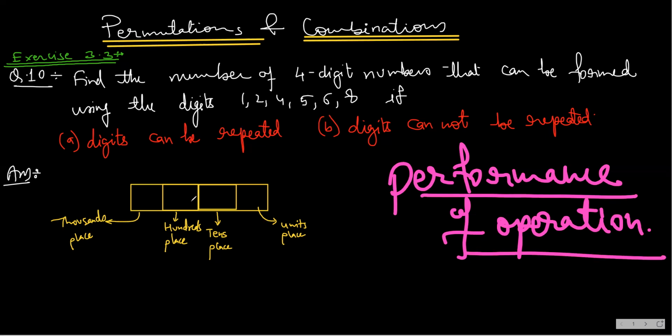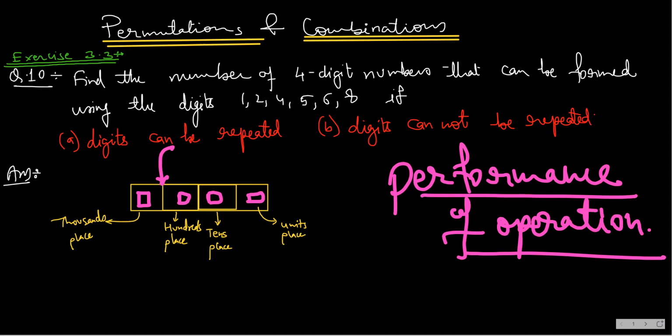So what do you have to do? In order to get the four-digit number, you have to fill this place, this place, this place, this place. And when you are filling these places, you will use the word and.